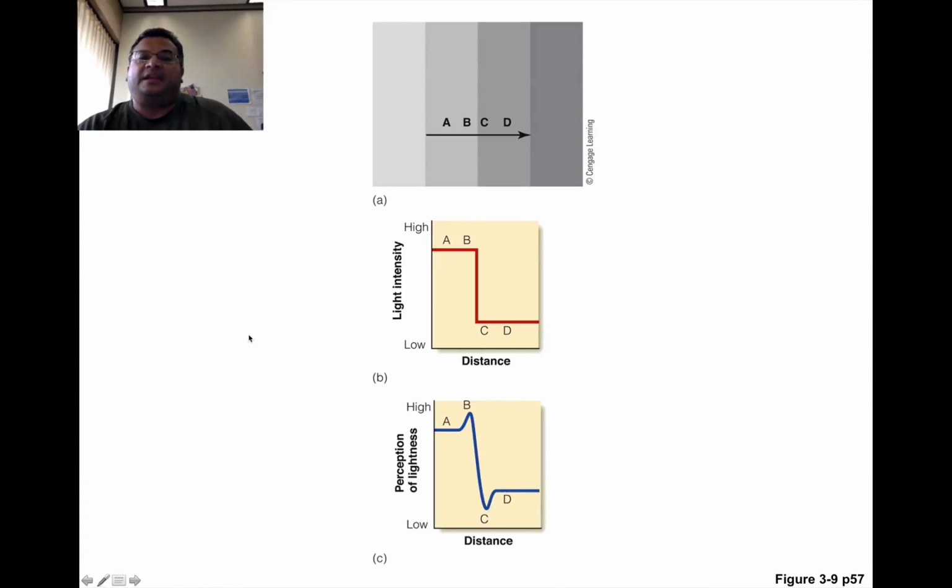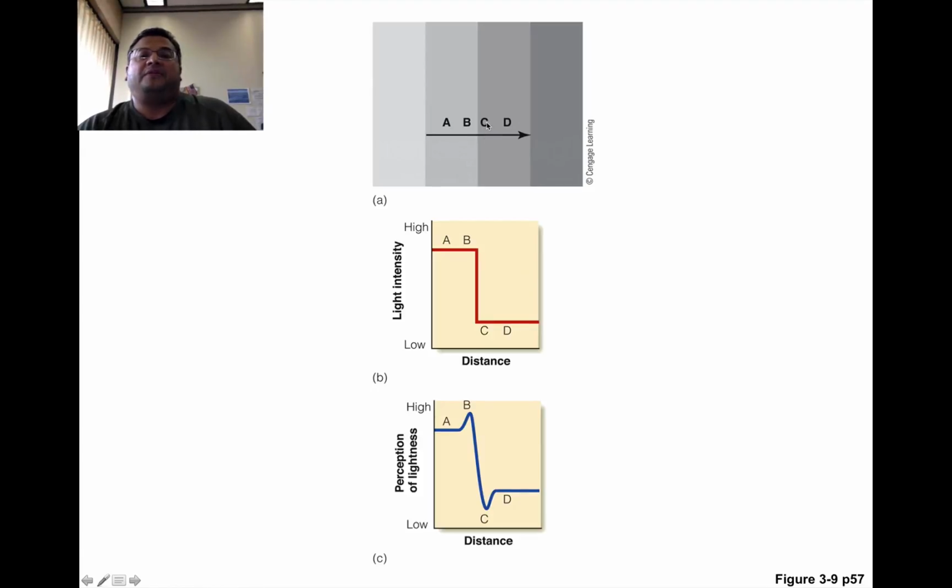And again, the reason that lighter band is there, the reason the B spot is glowing brighter than the A spot, is because it's not being inhibited as much, because it's over here next to the C spot, which is darker. Since it's darker, it's not putting out as much output, so it doesn't have as much output with which to inhibit.